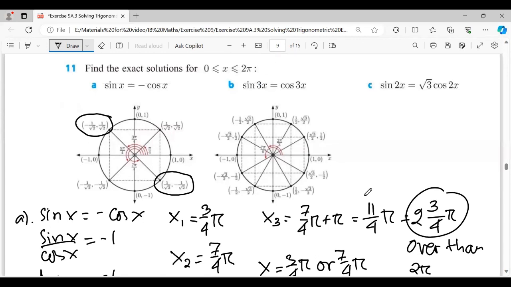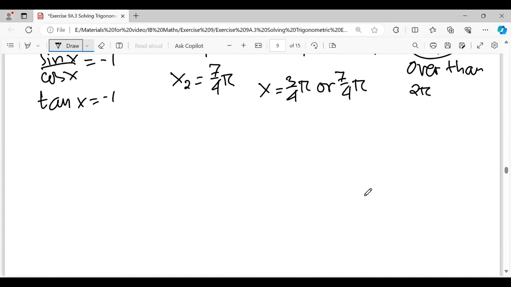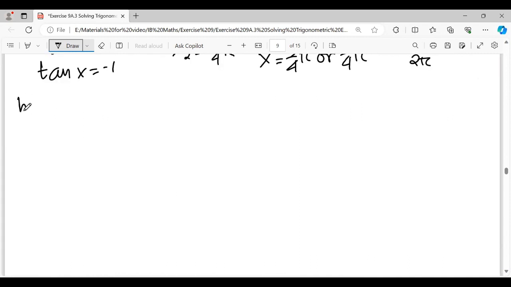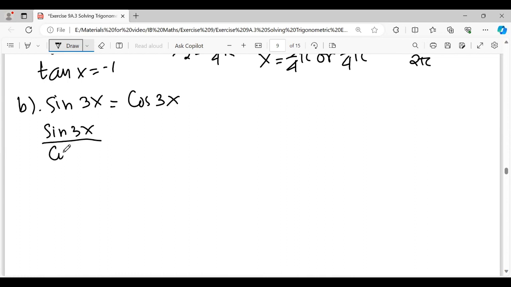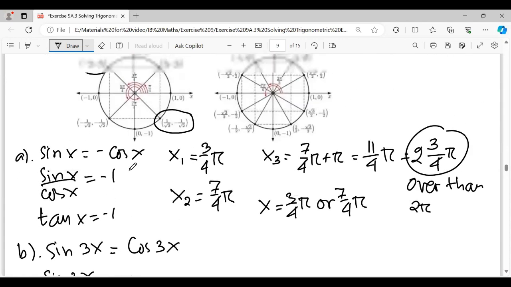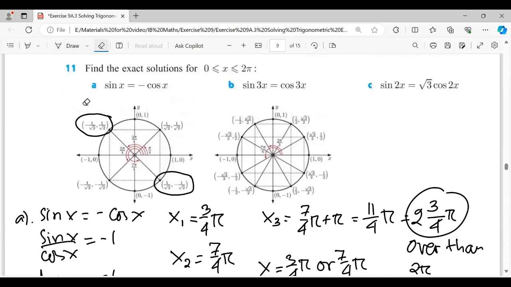B: sine 3x equals cosine 3x. Okay, if we divide by cosine 3x, it will be 1, and this is tangent 3x. Tangent equals positive 1.